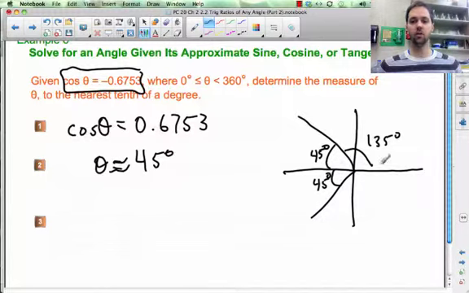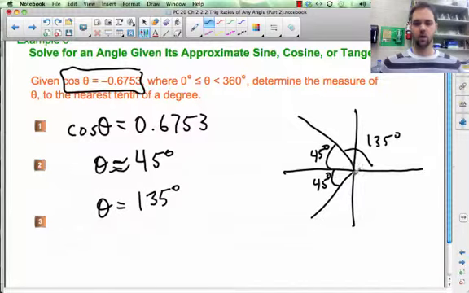So we already knew that this is 90 plus 45, which is 135 degrees. That's one of our answers. And we have to find this one here as well. So 180 will get us from this axis to this axis in this big loop. And then we have to add another 45 degrees.